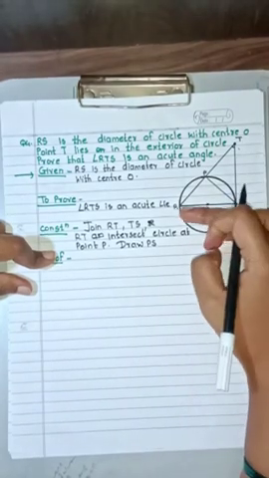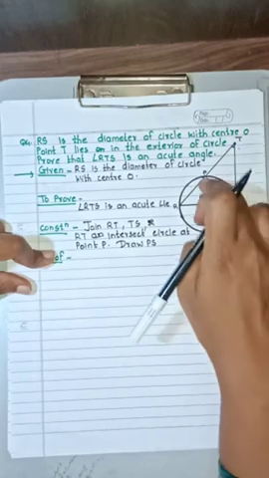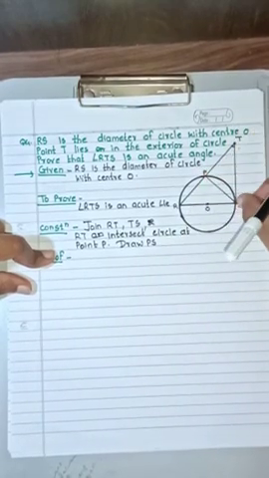So what we did, we joined RT, we joined TS. Here RT is intersecting the circle at point P, and then from P we have joined S.